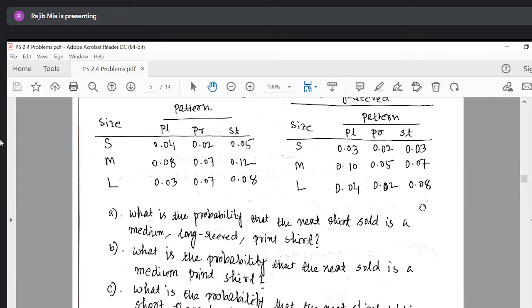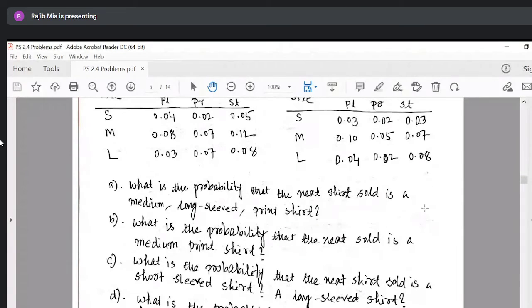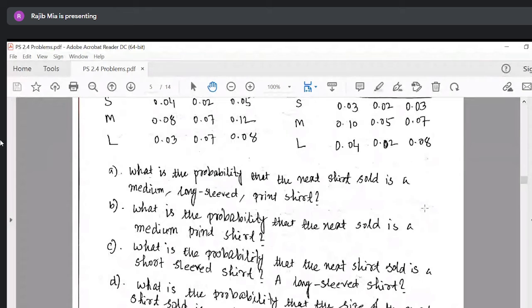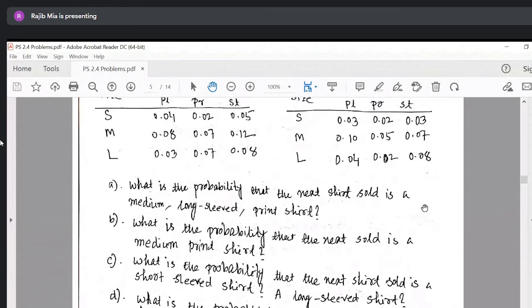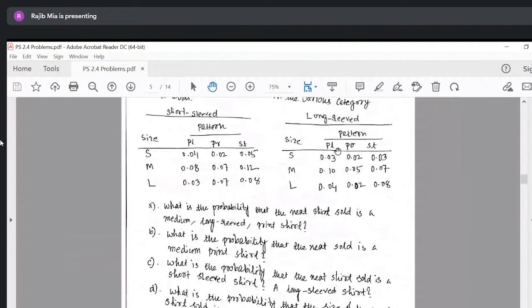Okay. Now D, what is the probability that the size of the next shirt sold is medium? So 0.49. How is it 0.49?